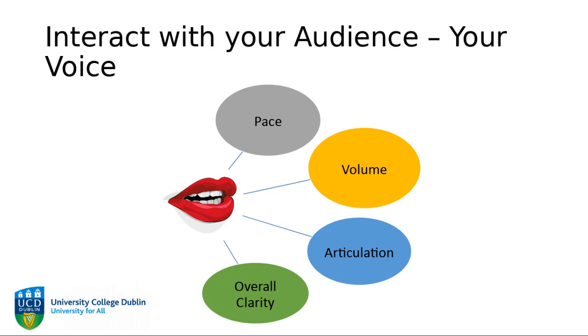The next thing is the articulation, and this is why it's important, particularly from the pace perspective, to make sure that you are articulating your words as best you can. The reason for that is to keep your audience's understanding up as you go throughout the presentation. And then generally speaking, it's just the overall clarity of your voice.